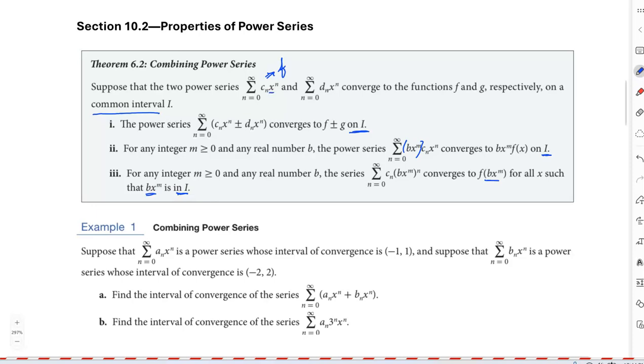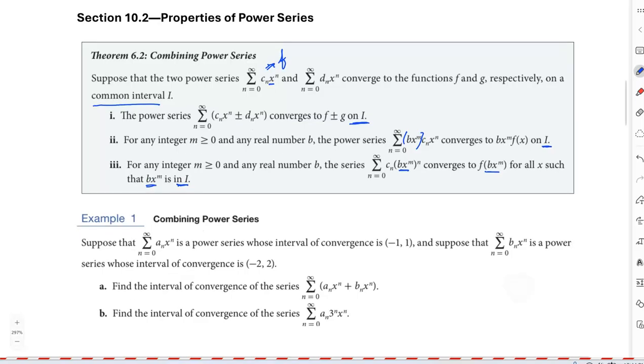I replace the x in the original series, c sub n x to the n, with b times x to the m to get this series, which means that it's going to converge to f of x, but x is going to be replaced by b times x to the m.